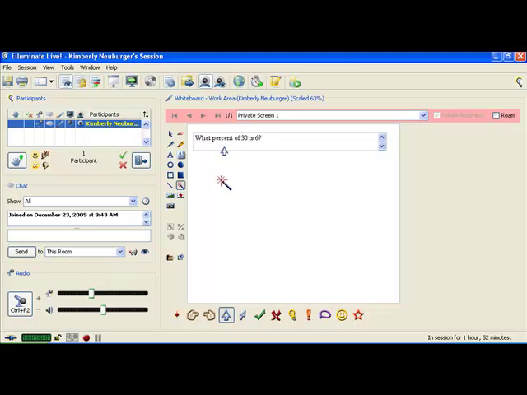Now, for this particular problem, I'm going to give you a method that's very similar to what we just did. However, you'll need to remember that at the end you need a percent for your answer, and you're going to have a decimal that's going to have to be switched back into a percent. So the what in this particular problem here is going to be written down as an x.